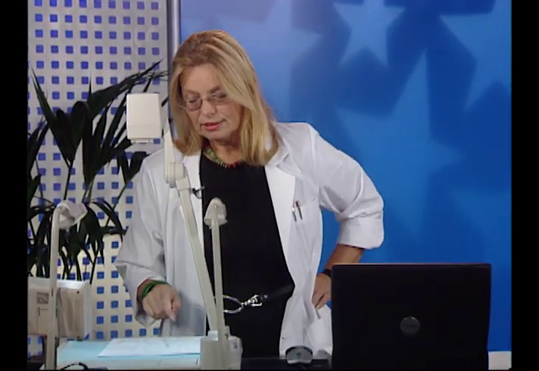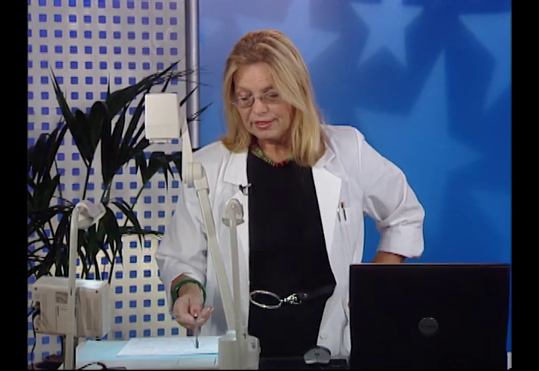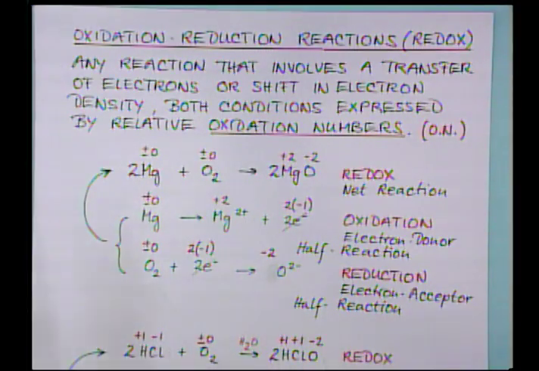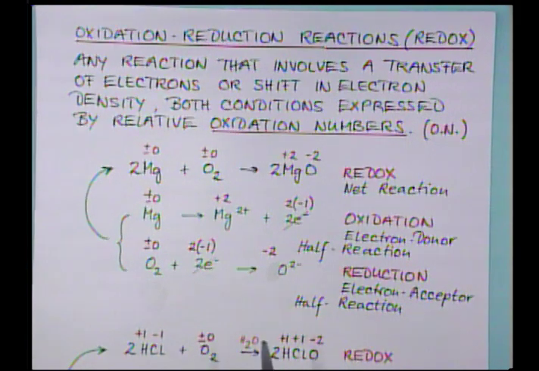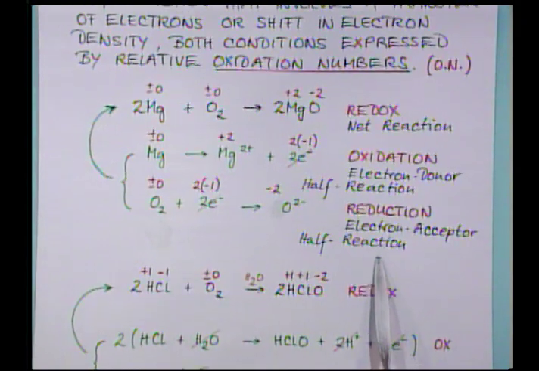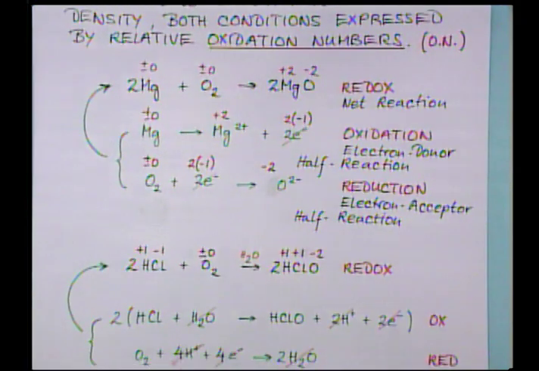Now I want to talk, before we finish this off today, about redox reactions. Redox means that electrons are exchanged. So we can either have oxidation, meaning electron donation, meaning rise in oxidation number, or we can have reduction or acceptance of electrons, meaning going down in oxidation number.